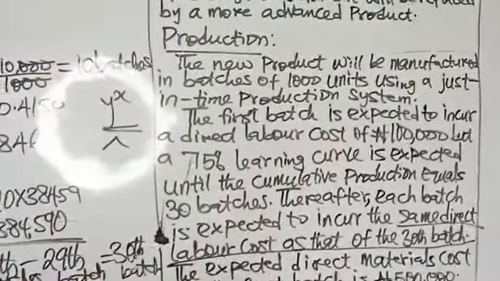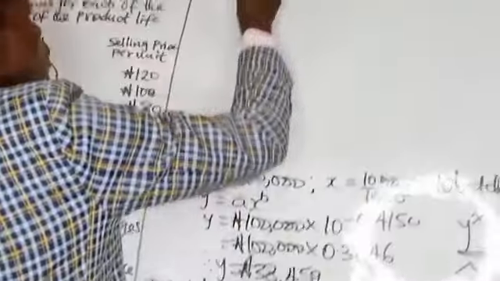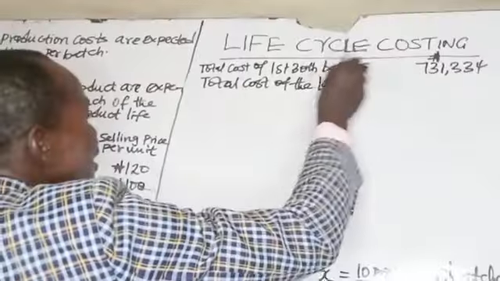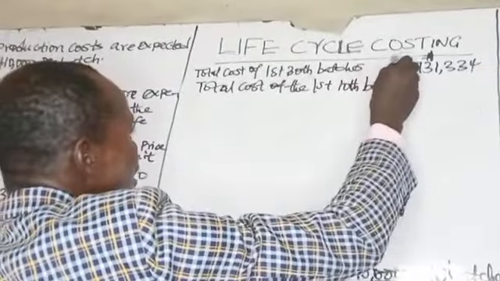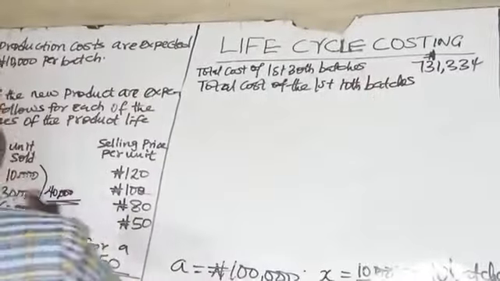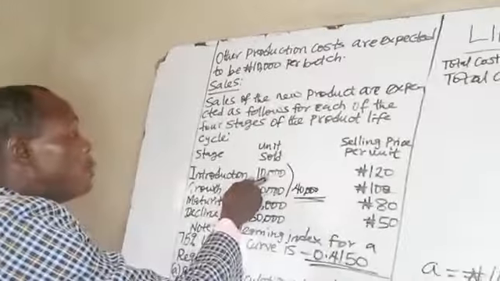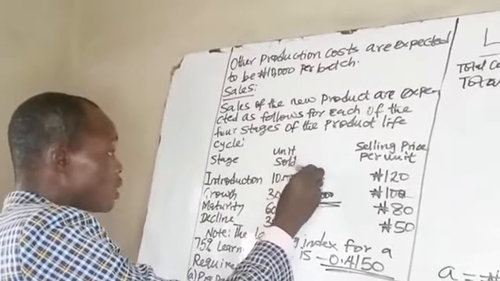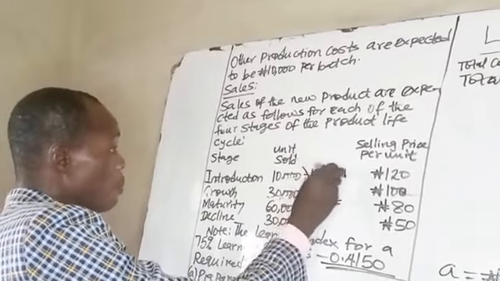So, total cost of the first 10 batches. That is, this first 10,000. The 10,000 will be 10 batches. 10,000 divided by 1,000 will give us 10 batches.